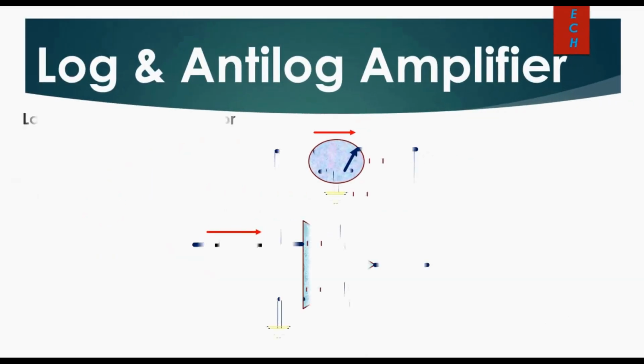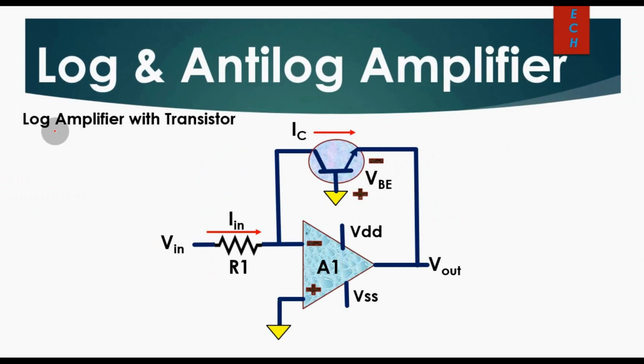Now we will take the logarithm amplifier with a transistor application. You can see this is the transistor. In place of the diode we placed a transistor here. This is the VBE, the current flowing through this transistor is IC, and this is I in. So I in equals IC.